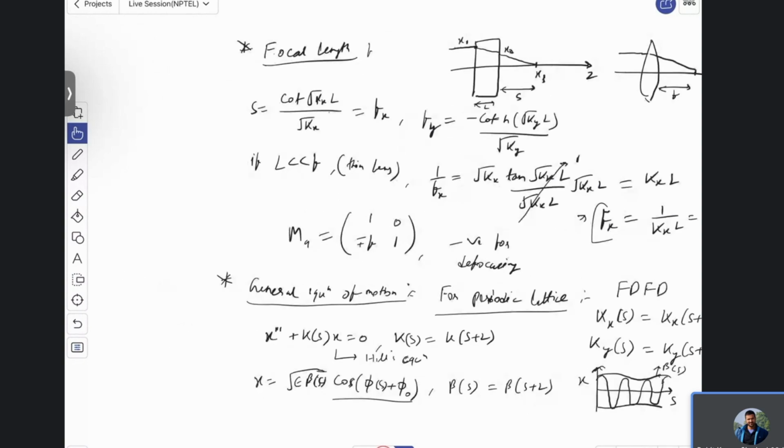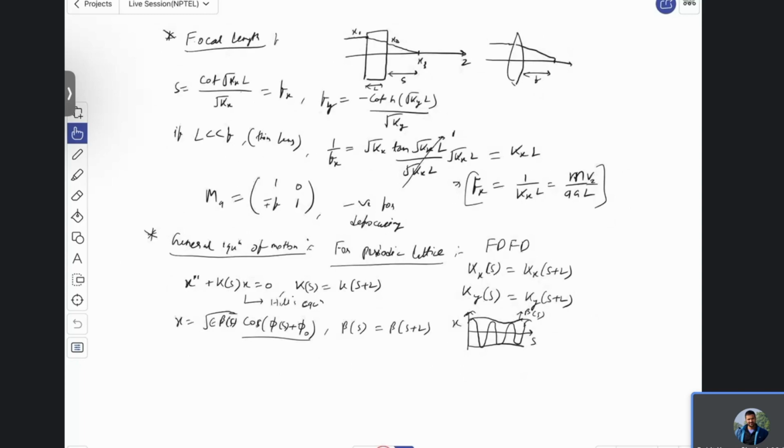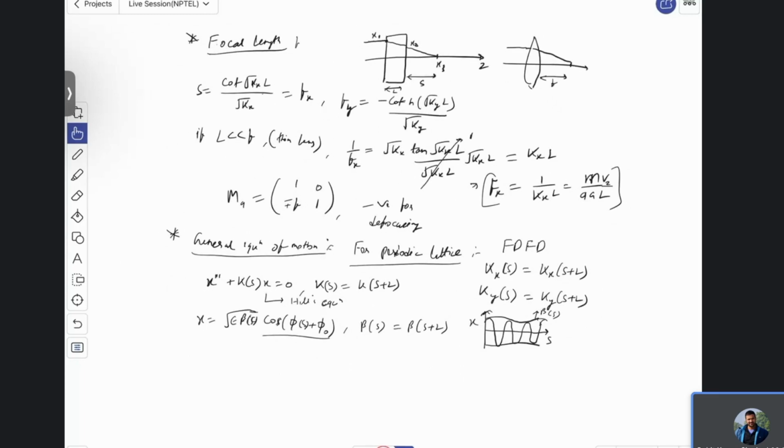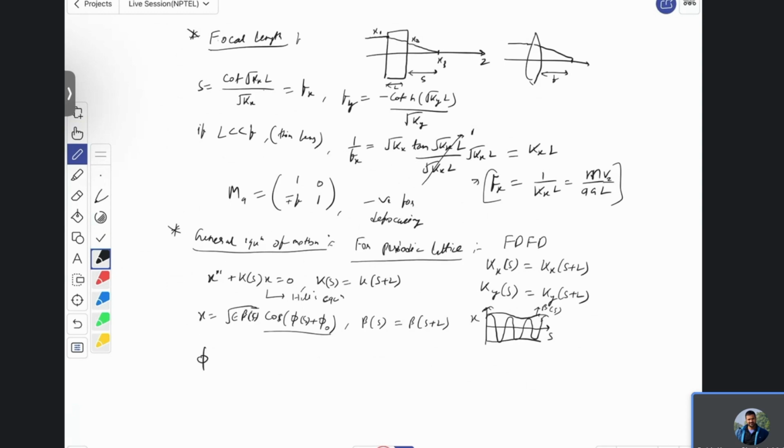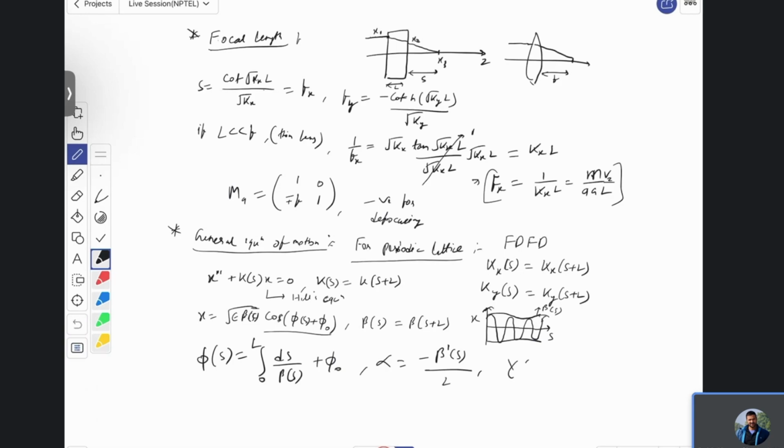Here phi is given, for a length L, like this, and there is a parameter called alpha, which is the derivative of beta divided by 2, and another parameter called gamma, which is 1 plus alpha squared by beta.